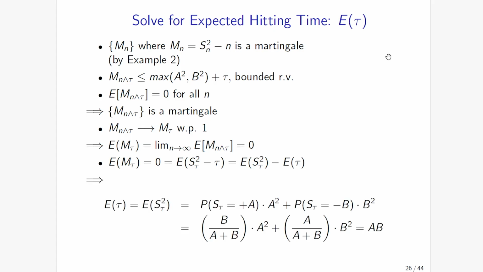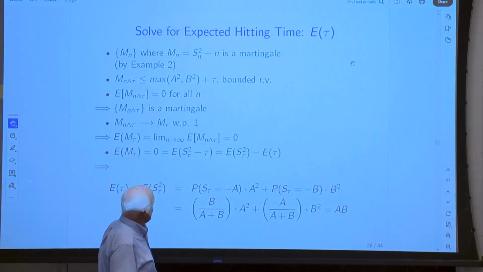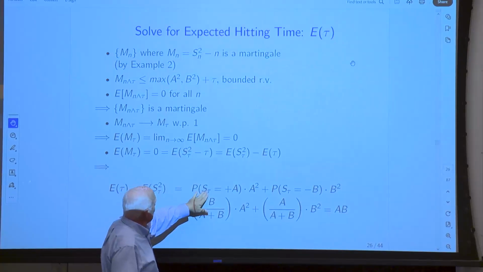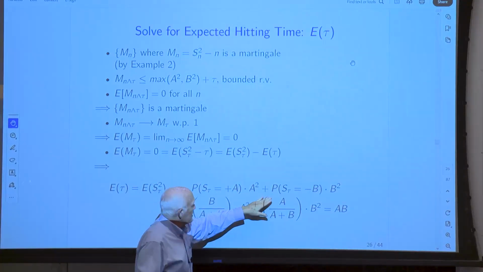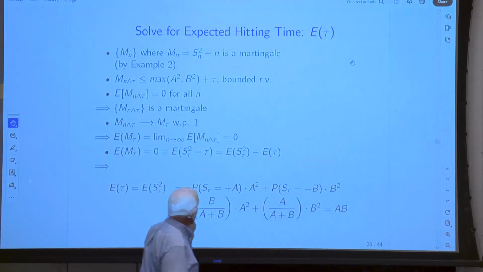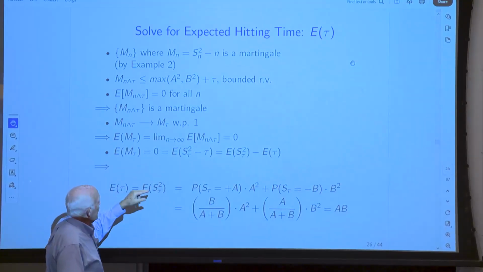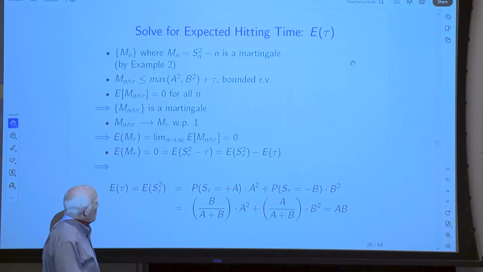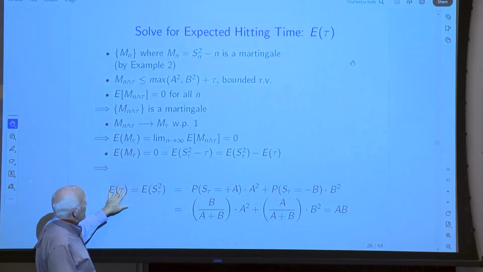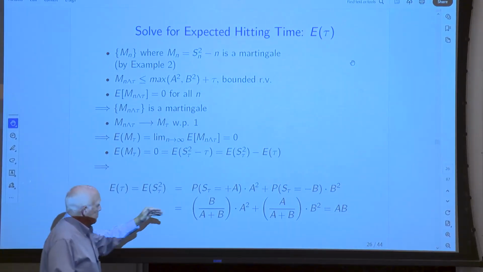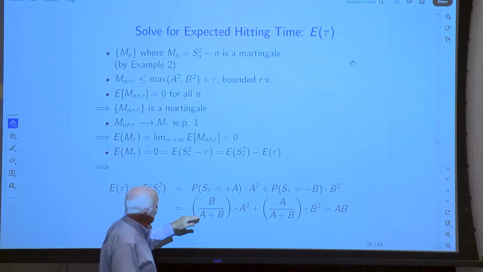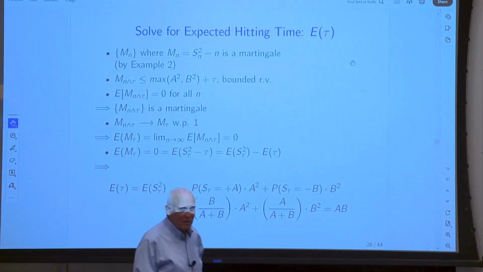And the expected value of S tau squared is the probability of being stopped at plus a times a squared, plus the probability of being stopped at minus b times b squared. This expectation is equal to 0, so we can solve for the expected value of tau. It's simply equal to the expected value of S tau squared.